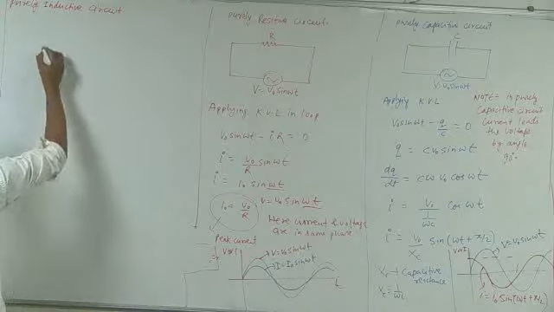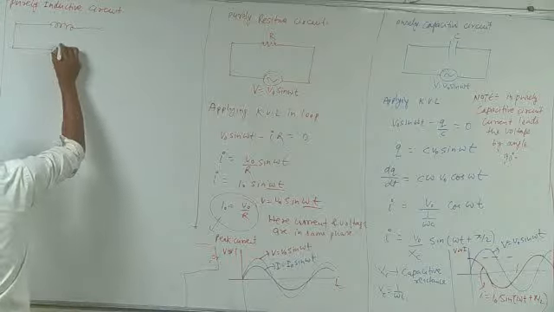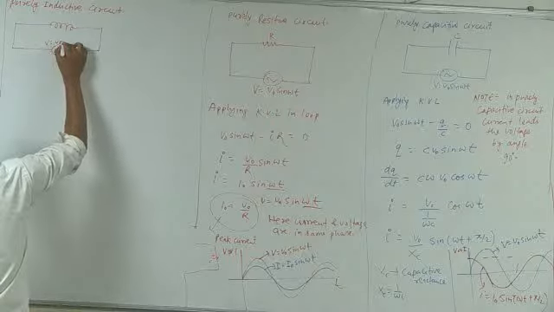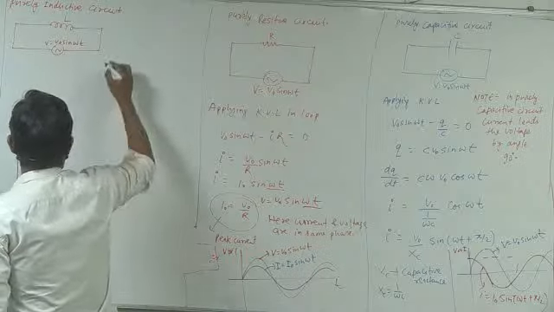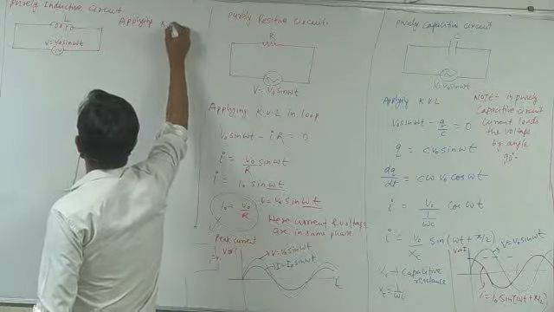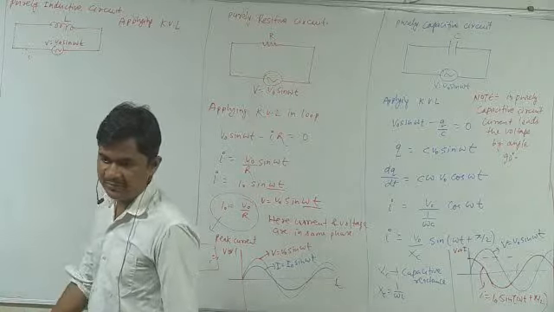In a purely inductive circuit, this is the inductor that we have, connected across an alternating source. V equals V naught sine of omega t, and this is L. So if you apply KVL, what will you write? I'm assuming current is going in this direction.